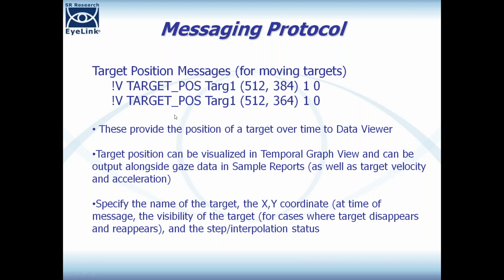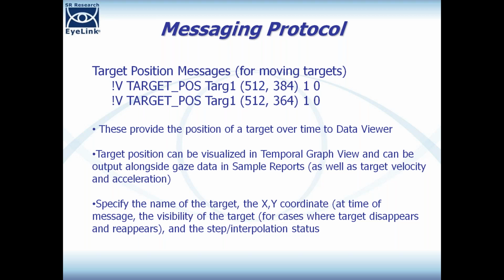And so what you do here is you basically put !V TARGET_POS, and then the name of the target, and then the XY coordinate of the target at that particular point in time. And then here you can put a 1 if the target is visible, or 0 if the target is not visible. So sometimes people do experiments where the target disappears and then reappears over time. And when it disappears, you can put a 0 in your messages, and then when it reappears, start putting a 1 again.